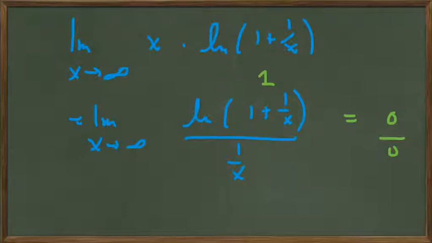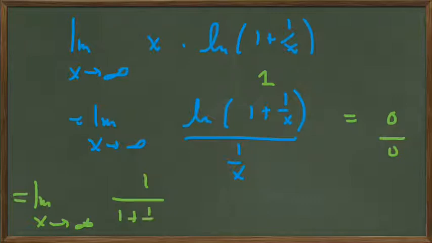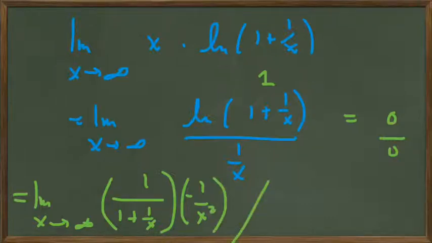We apply L'Hopital's rule. It becomes the limit as x goes to infinity of the derivative of the top, which is 1 over 1 plus 1 over x, times the derivative of the inside, which is minus 1 over x squared, and then we're dividing by the derivative of the bottom, which is also minus 1 over x squared.